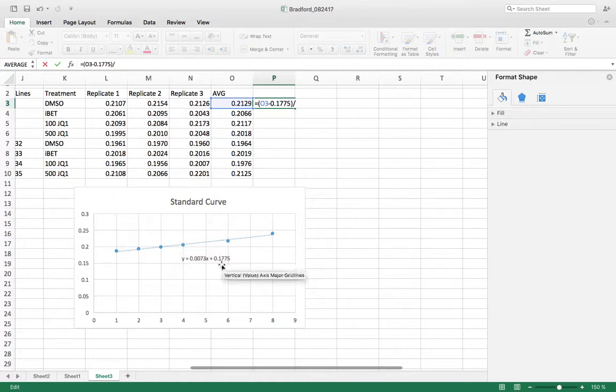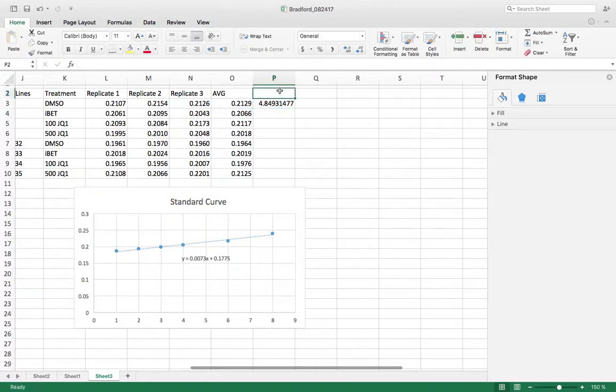So we've taken this b minus over to y, and then divide by this factor, 7.3. And there we go.